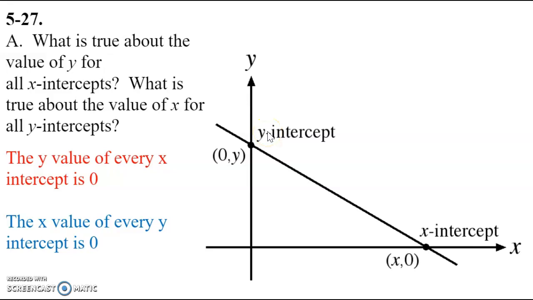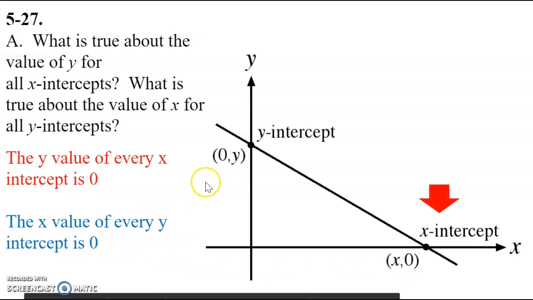So to do that, we are going to use the fact that when we're talking about x-intercept and y-intercept, for the x-intercept, the y value of every x-intercept is 0. Okay, so you're going to have some x-coordinate, that's the first number, and the second number is always going to be 0, which is the y-coordinate.